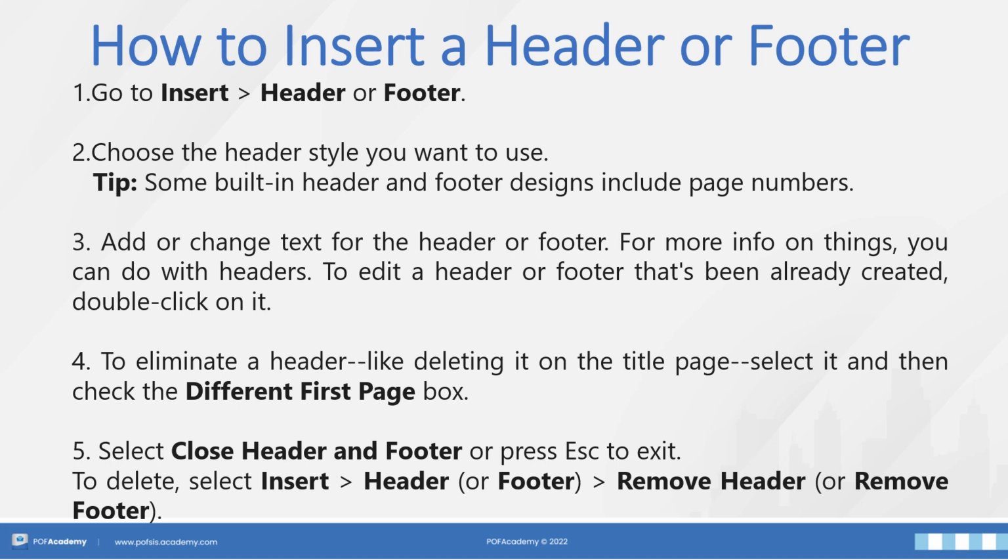Fourth, to eliminate the header, like deleting it on the title page, select and then check the different first page box. And the last one, select Close Header and Footer, or you just press Escape to exit. And then to delete the header or footer, select Insert tab, then choose Header and Footer, then just click Remove Header or Remove Footer.